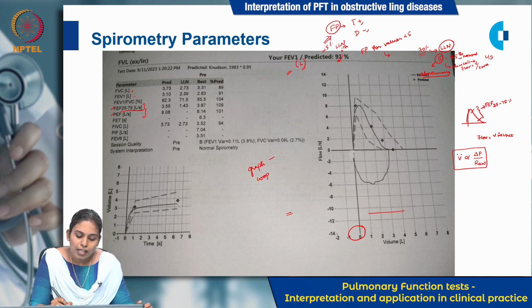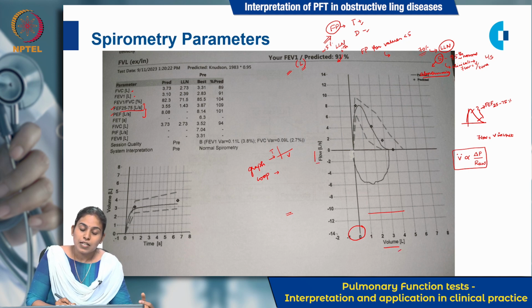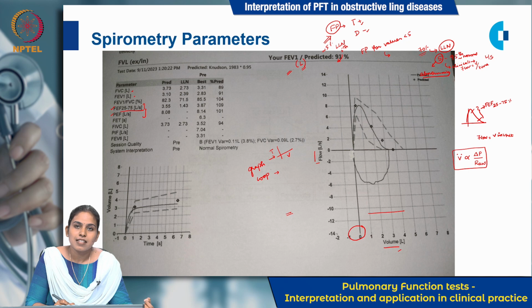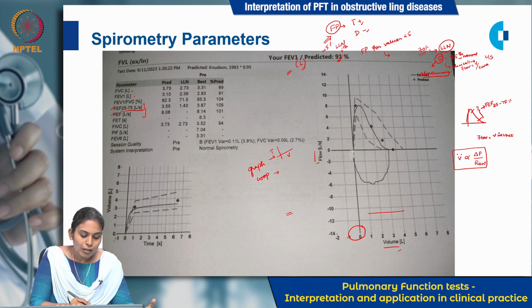The graph is where the volume is plotted against time, whereas the loop is where the volume is plotted against flow. So here time is not seen. Whether the person has really done the 6 seconds of expiration, we will know from the volume-time graph. Then we will interpret whatever we want from the flow-volume loop.